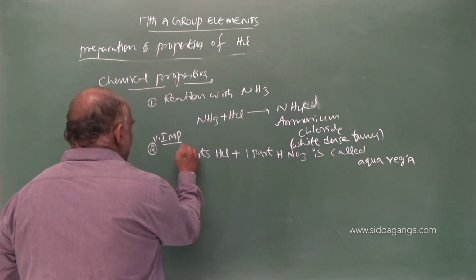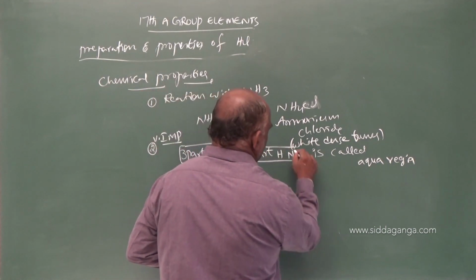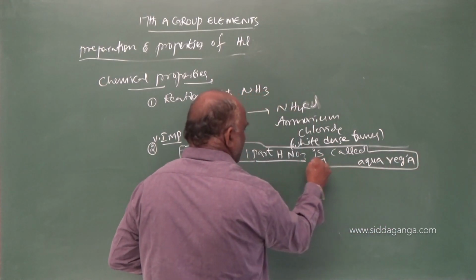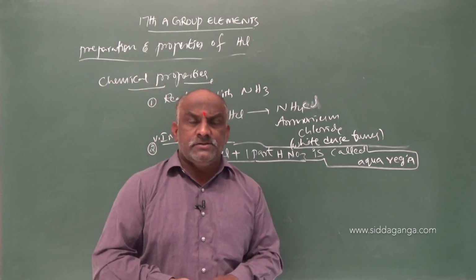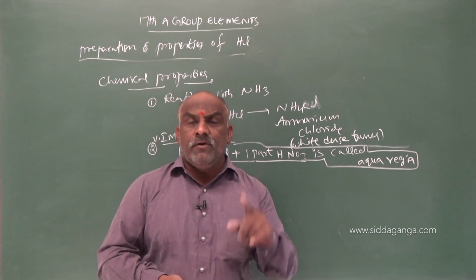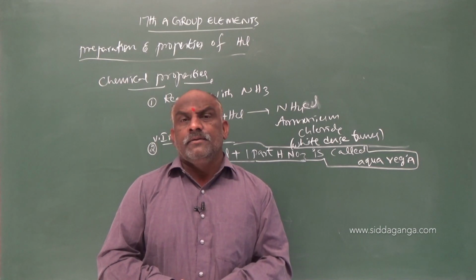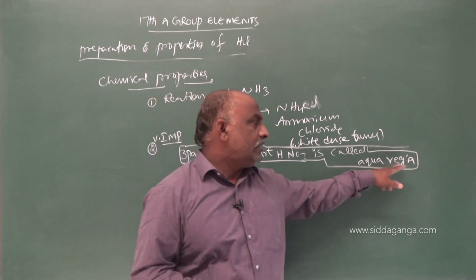This point was very important, my dear students. 3 parts concentrated hydrochloric acid and 1 part nitric acid is called aqua regia.